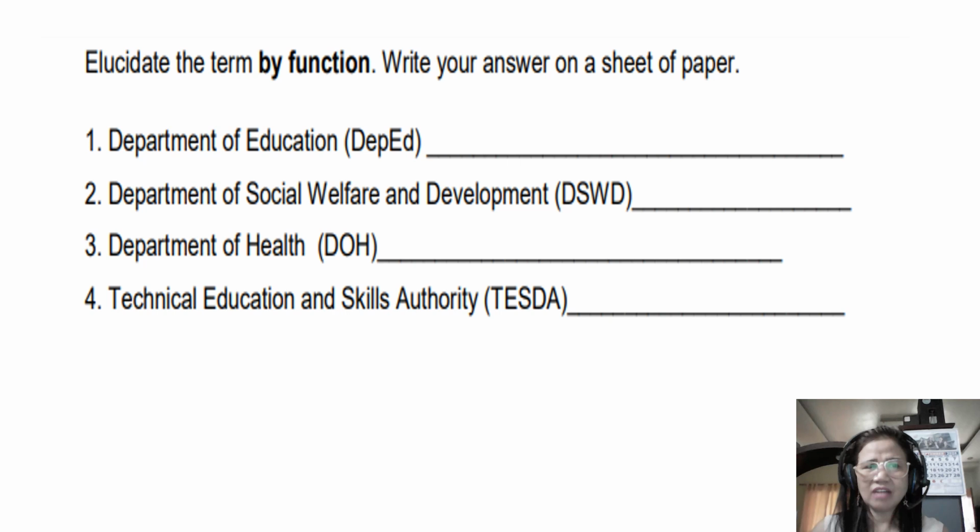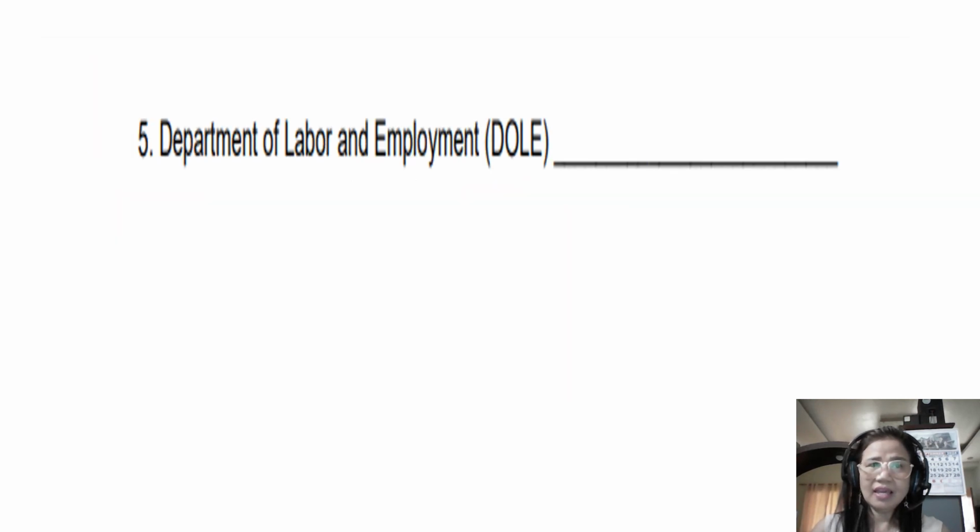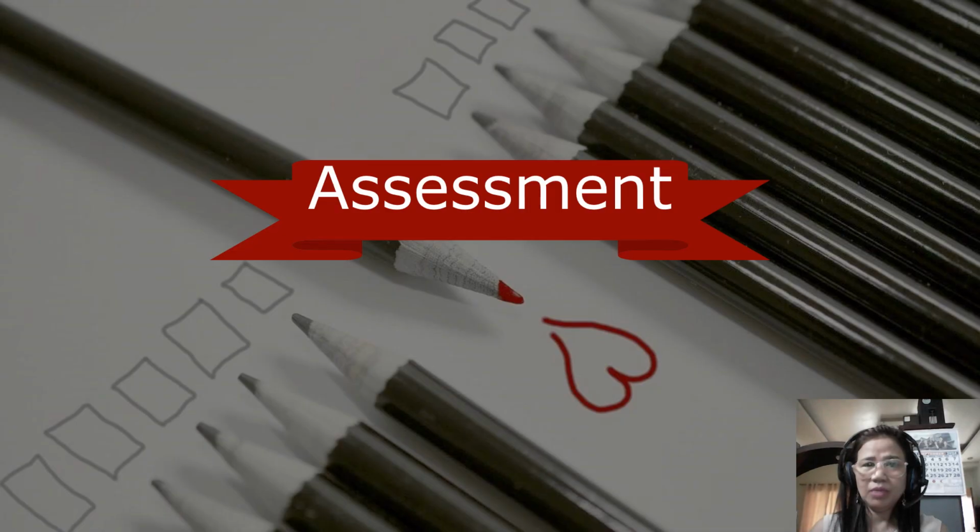What are the functions of the DSWD, DOH, and TESDA, as well as the Department of Labor and Employment? Class, I'm giving you leeway to use the internet or Google to find the functions of these departments. Write your answers on your notebook. We will check them when we meet again.